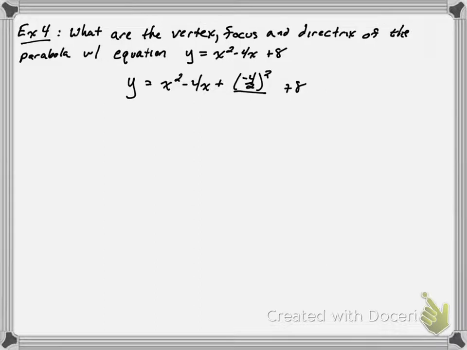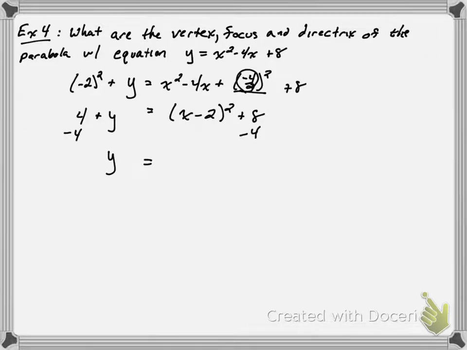Now I added something to the right side, so let's add the same thing to the left side: negative 2 squared. Then I take this and bring it down. Well, x minus 2 squared plus 8, leave that plus 8 sitting over there, is 4 plus y. Let's solve for y. Subtract 4. That ends up with y equals x minus 2 squared plus 4.